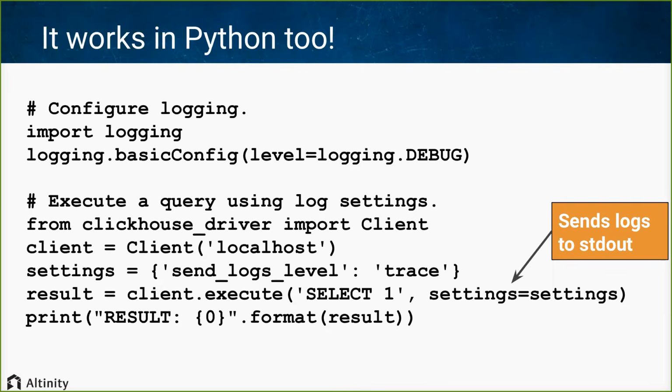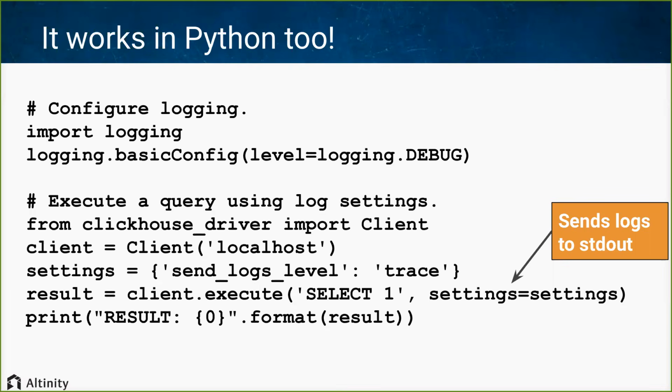Then you execute a query, and in this case I'm using the ClickHouse driver, which is one that we recommend highly for Python clients. I connect using this client object, define a settings object, which I can insert in my query, set the logs level to trace, and then run my select one.